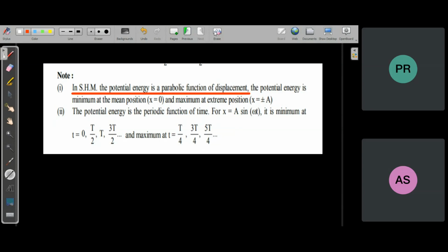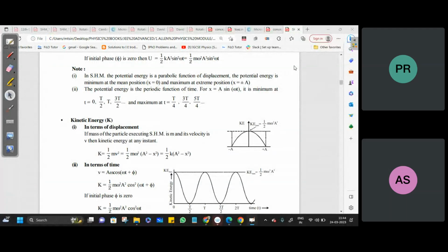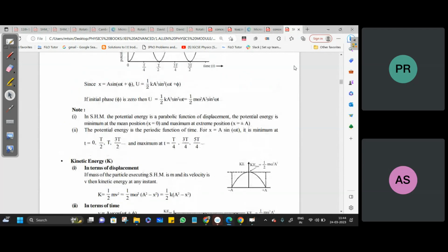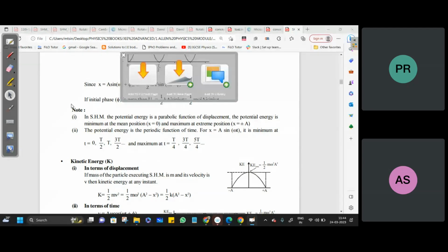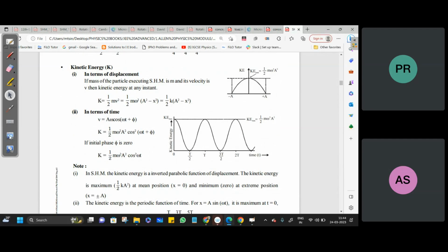So when the particle completes one oscillation, the potential energy completes two oscillations. Because you can see that the equation of potential energy is sine square omega t. It is not sine omega t, it is sine square of omega t, whereas in the equation of displacement, there is sine omega t.